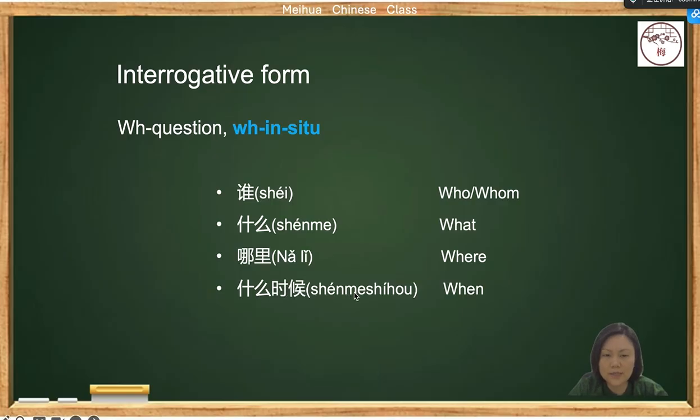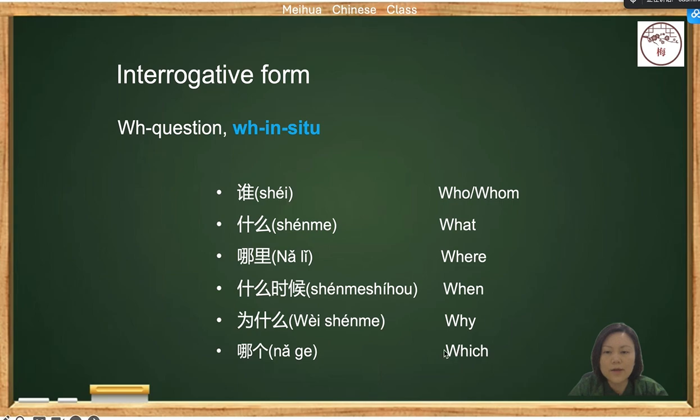What time. Similar to when, right? For why, asking about the reason, it's 为什么 in Chinese. For which, it's 哪一个 or 哪个. The 一 can be ignored. Yeah, we always say like this. We can use 哪一个 or we can use 哪个. Both are fine.